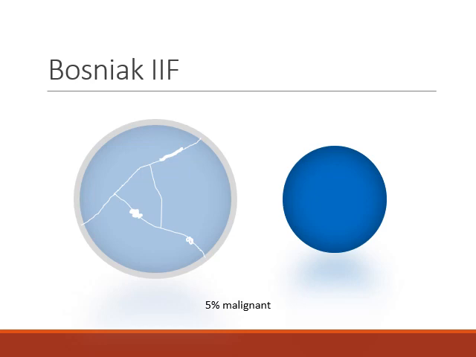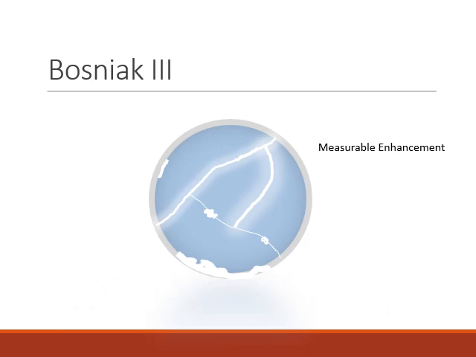Once you're able to measure enhancement within a wall or within septations, you then enter Bosniak 3 territory. Bosniak 3 then has measurable enhancement. It can have thickened and irregular walls or septae.